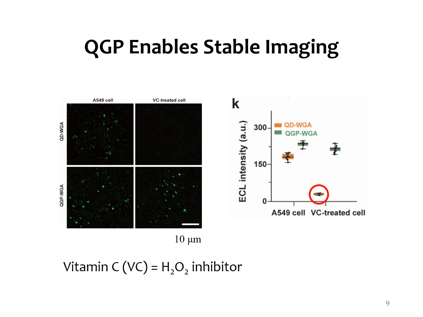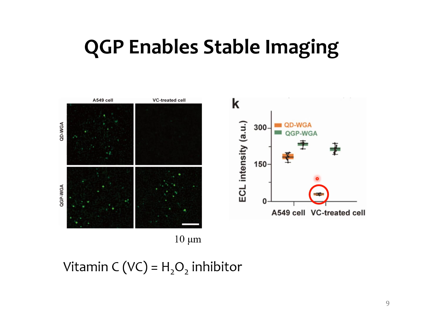Additionally, QD-WGA produced a strong ECL signal on the A549 cell membrane initially, but these signals significantly decreased after treatment with vitamin C, a hydrogen peroxide inhibitor.